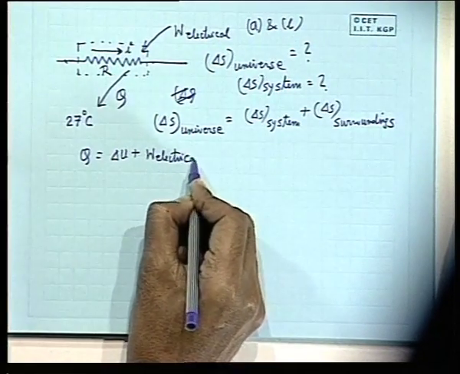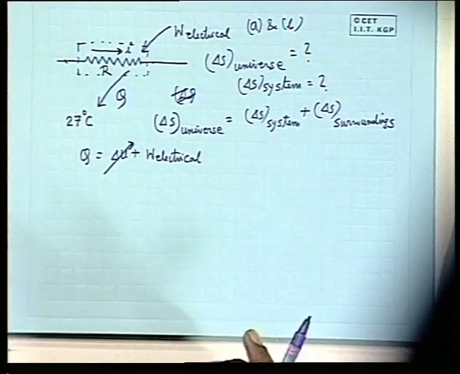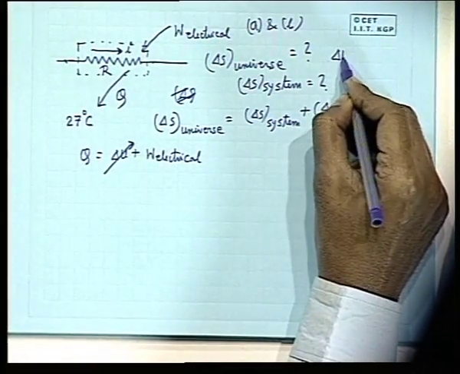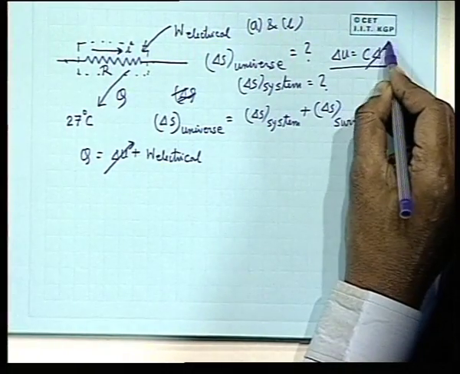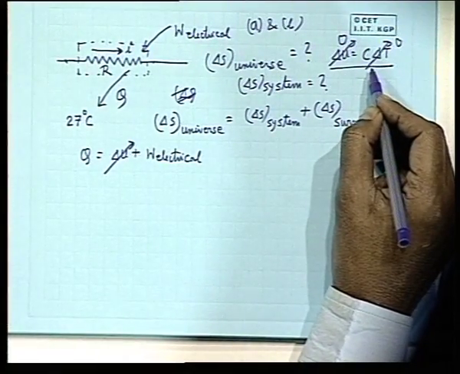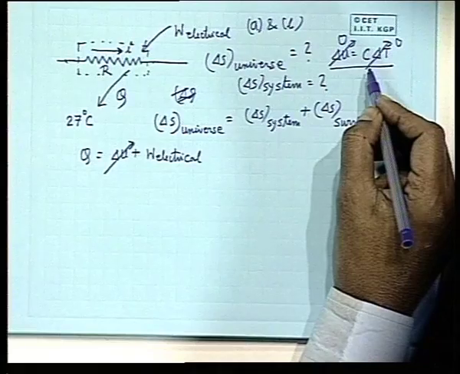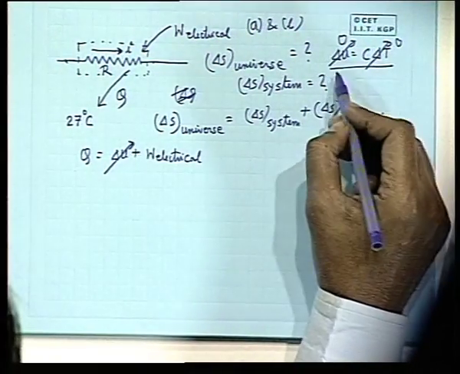Since the resistor is maintained at constant temperature, delta T is 0, so delta U is also 0. This has to be known. Otherwise, the question will come: how do we know that if the temperature remains constant, the internal energy also remains constant?